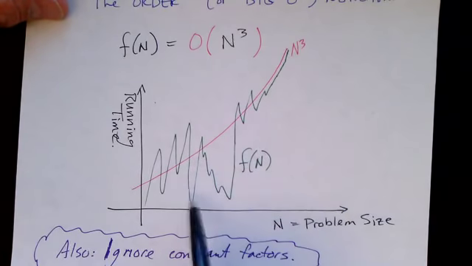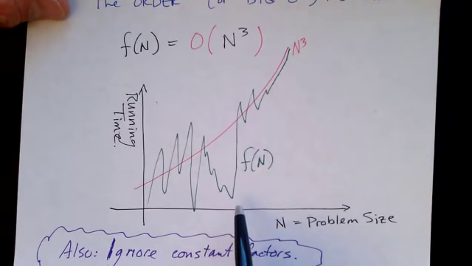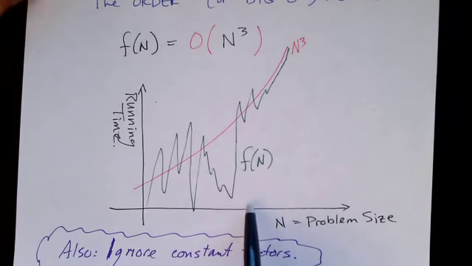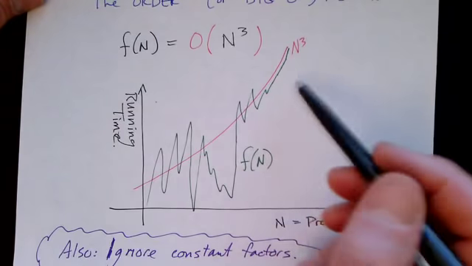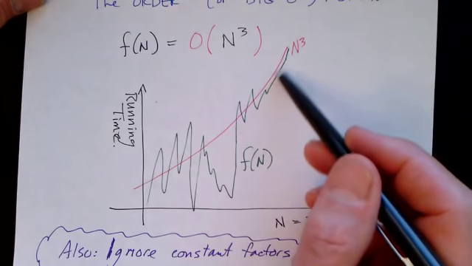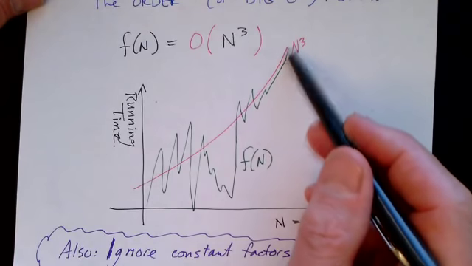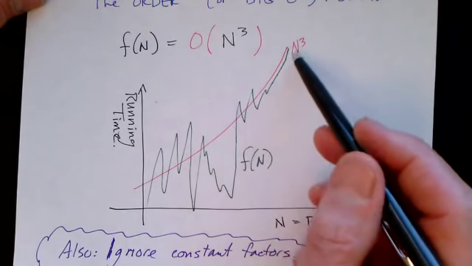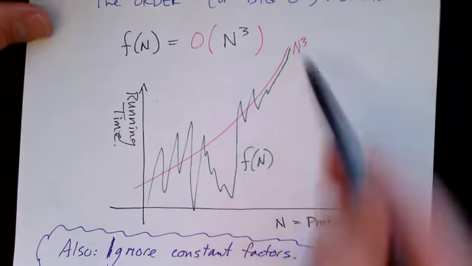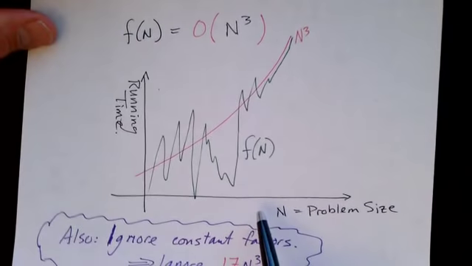But as n gets larger and larger, that is, as we try to run this algorithm or this Turing machine on inputs of greater and greater size, the n cubed term begins to dominate, and eventually this thing approaches, asymptotically, the curve n cubed. And so this term n cubed is the one that we really care about.